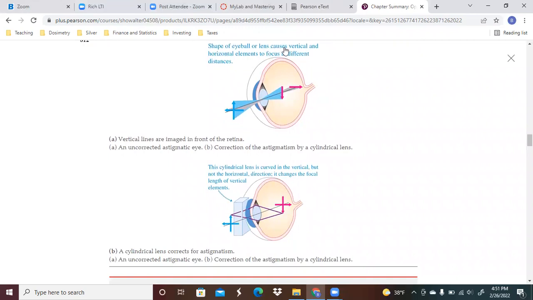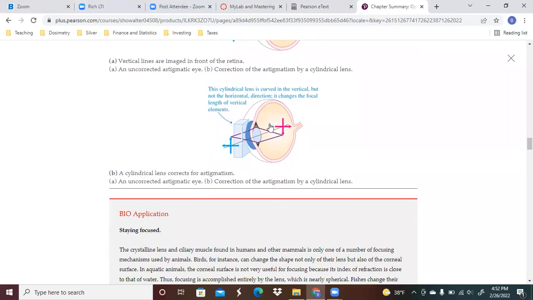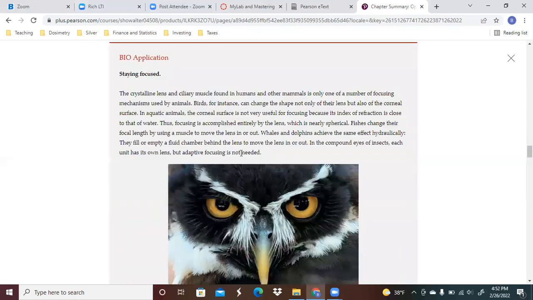You can see here the shape of the eyeball causes vertical and horizontal elements to focus at different distances, which is what's going on back here. This cylindrical lens is curved in the vertical, but not in the horizontal direction, and this changes the focal length of the vertical elements.